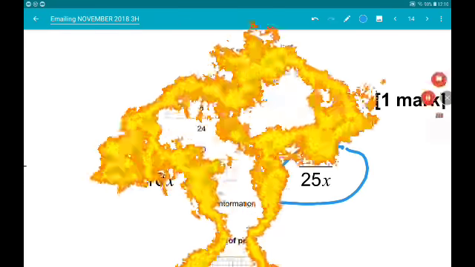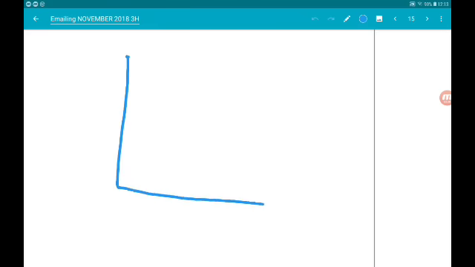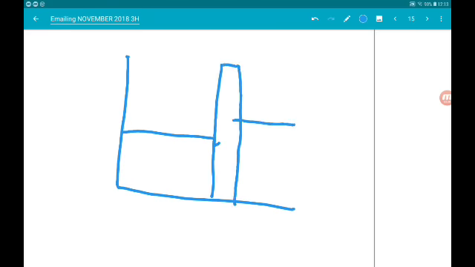So we have frequency density at the side and age along the bottom. So histograms are these things where you have different width bars next to each other.